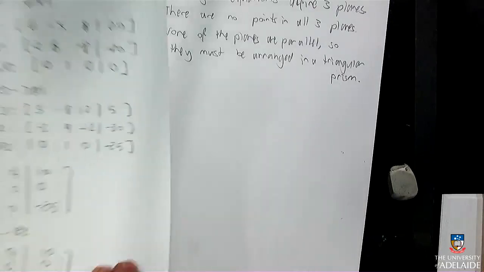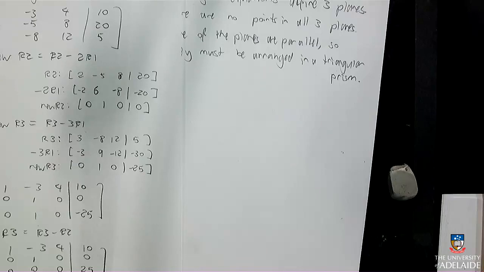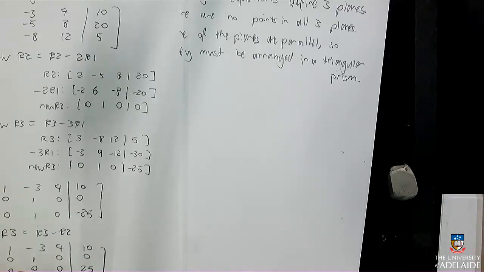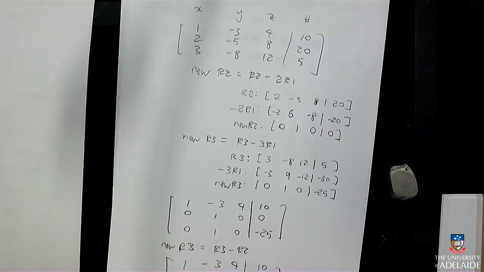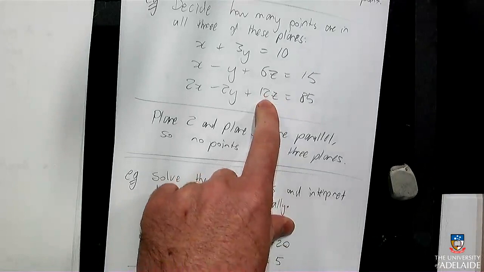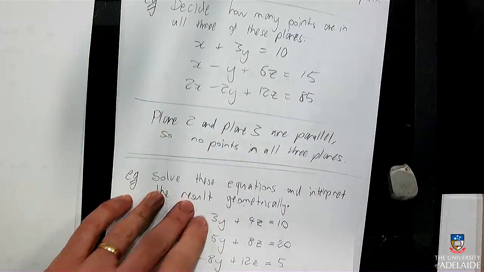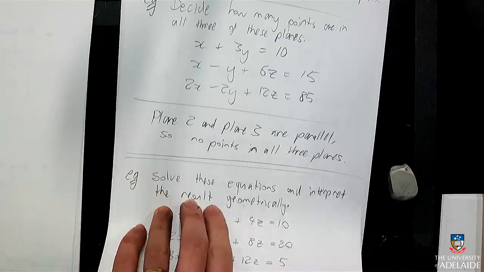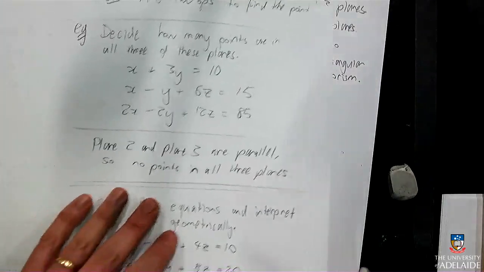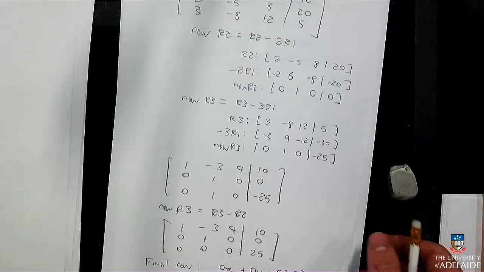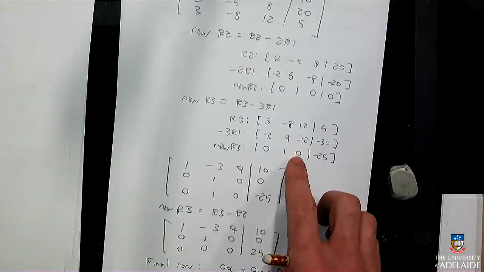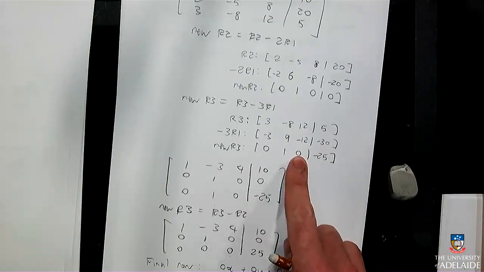What if I had changed one thing about this matrix, about these equations? What if this had not been a 12, but had been some other number? Then when I did my working, this would not have been a 0 here.